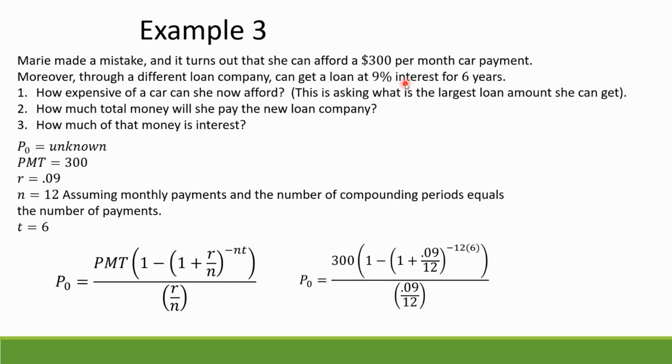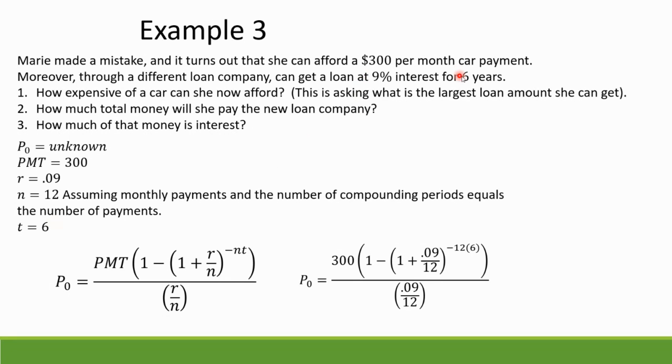Since it's monthly payments, that tells us there are 12 compounding periods per year. Remember, the number of compounding periods equals the number of payments made each year. Same thing with withdrawals if we're in the context of a payout annuity.